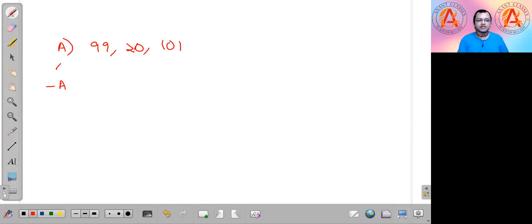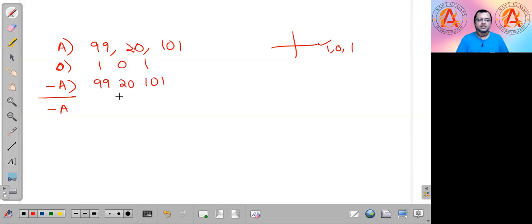So how do I get -A? 0 minus A will give me -A. And what is the triple for 0? This one. So this one is 1, 0, 1. And A is 99, 20, 101.